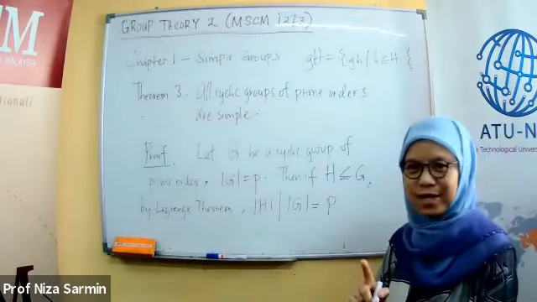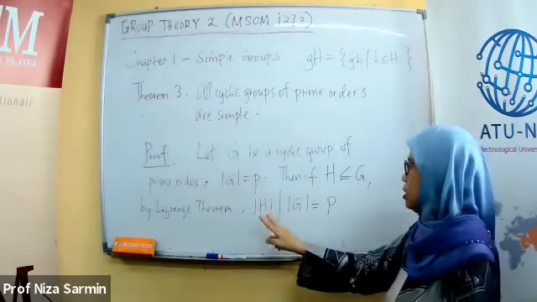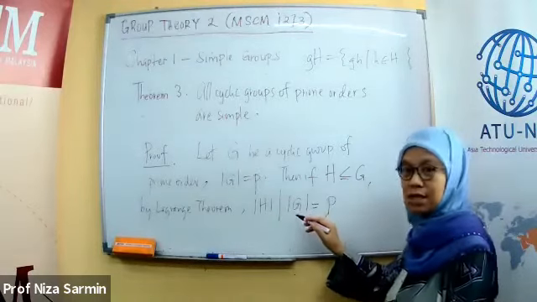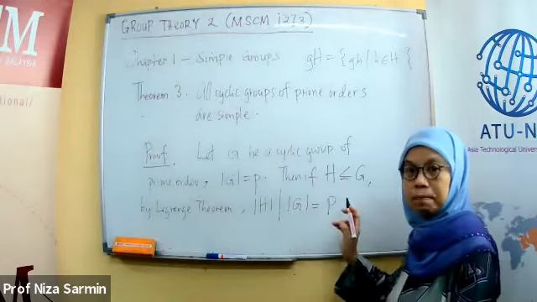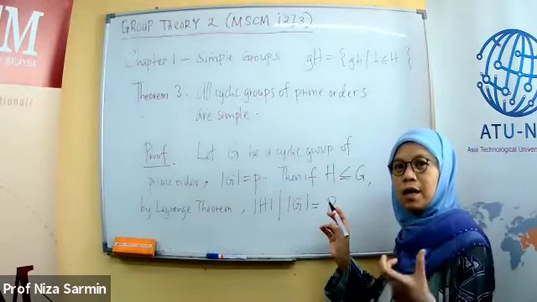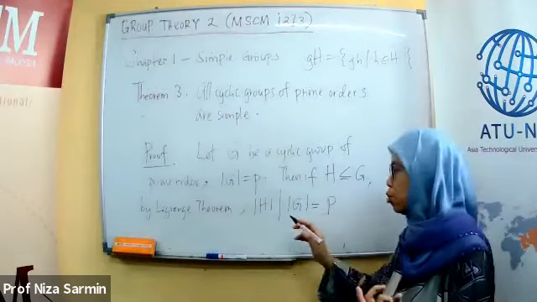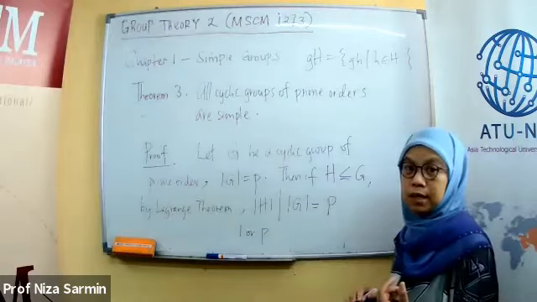Okay, so that's right. By Lagrange theorem, the order of H divides the order of G. Now, G is a group of prime order, so the order is P. So what are the numbers that divide P, a prime number? Only 1 or P, right?